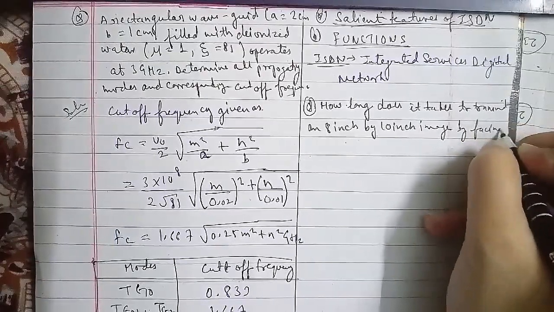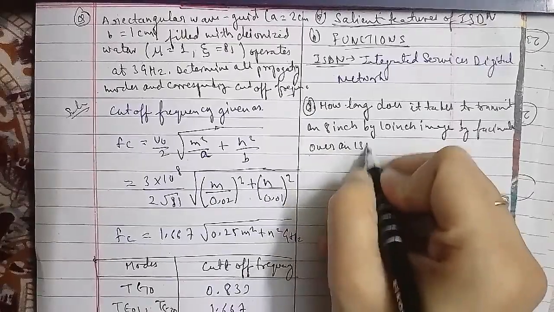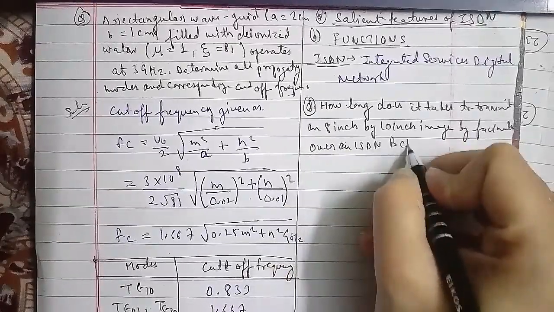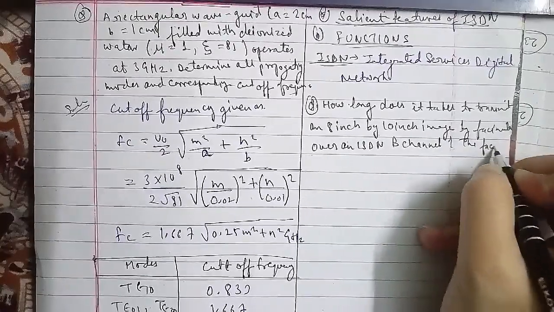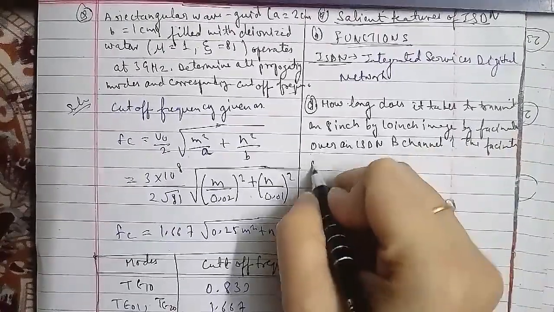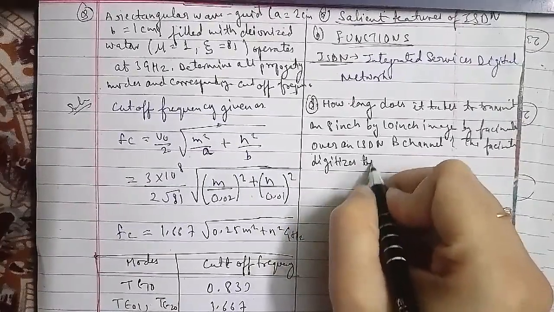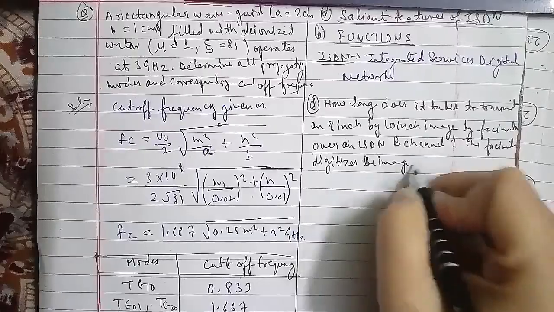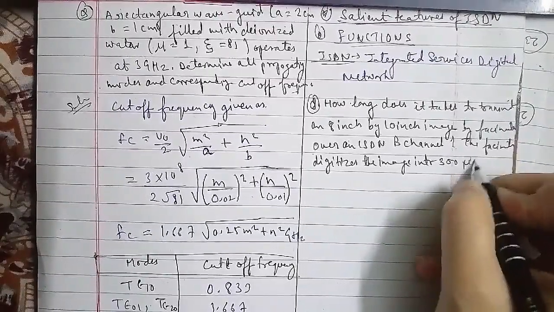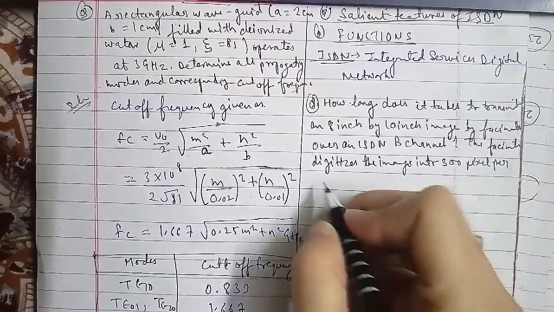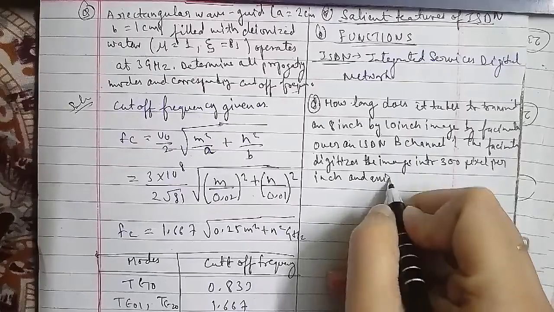The facsimile digitizes the image into 300 pixels per inch and assigns 4 bits per pixel. So this is a short numerical, and that has been asked for 5 marks as well. So we'll do a solution for that as well.